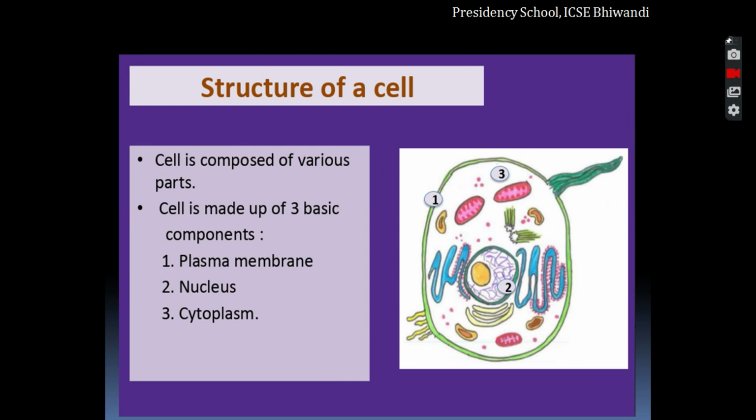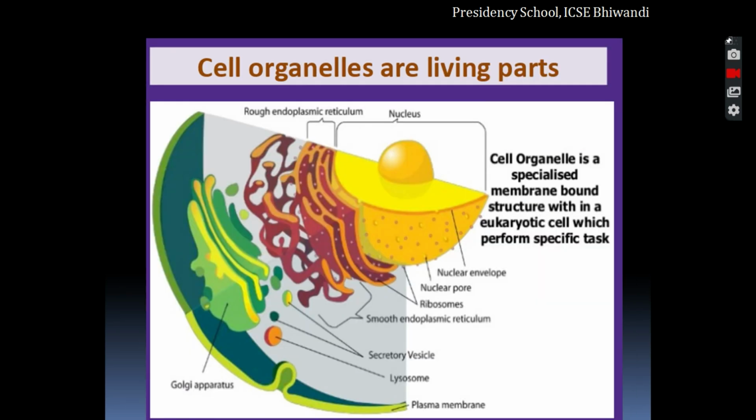Next comes the structure of a cell. The cell is composed of various components, but the basic three components are the plasma membrane, nucleus and the cytoplasm. There are also cell organelles, which are the living parts, the specialized membrane-bound structures present inside the eukaryotic cell, and they perform specific tasks.